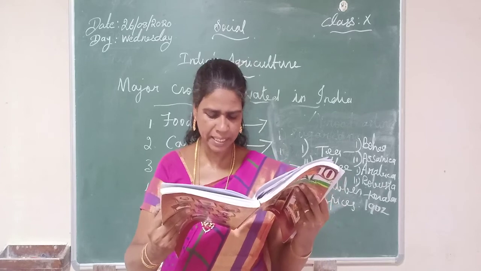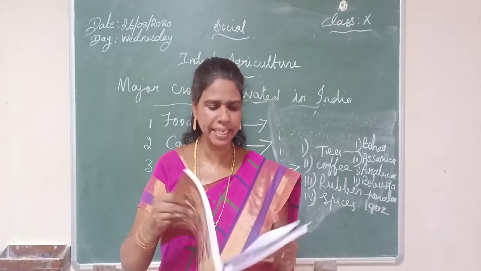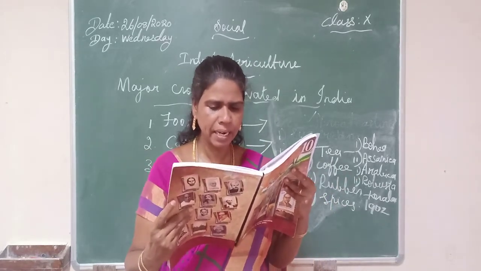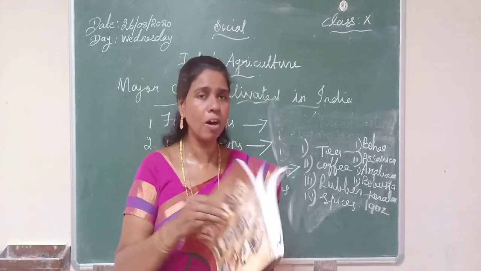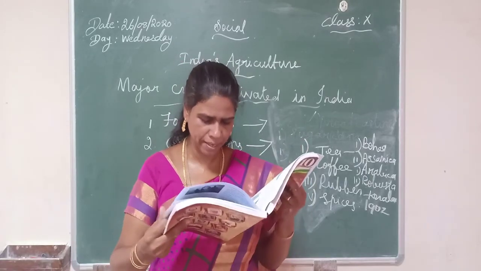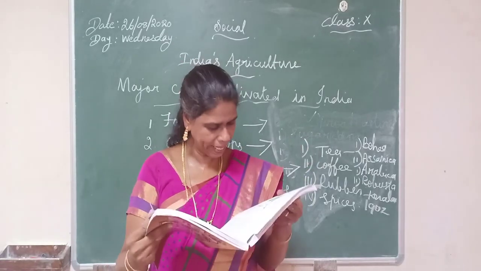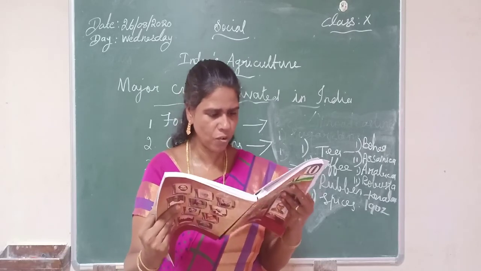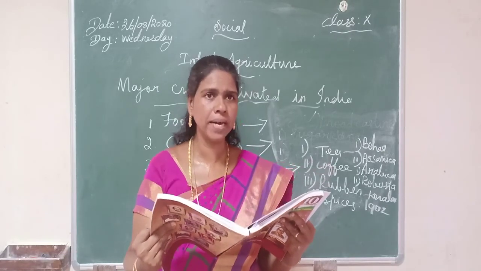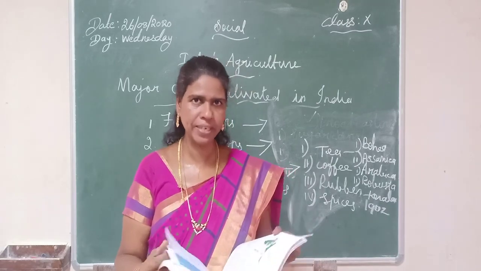Page number 161: intensive farming, read that paragraph fully, and also the plantation farming fully. Book page number 164: tea, coffee, rubber, spices. Okay, students, thank you.